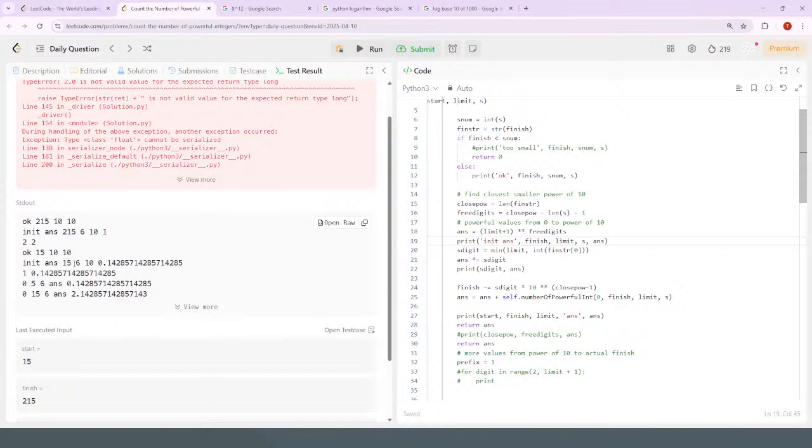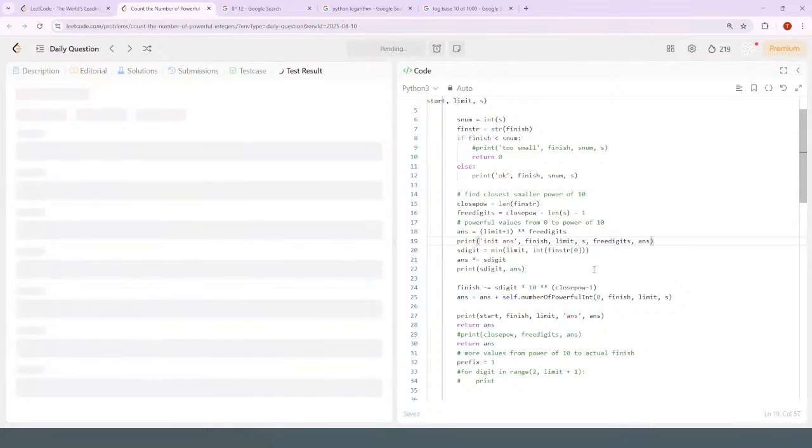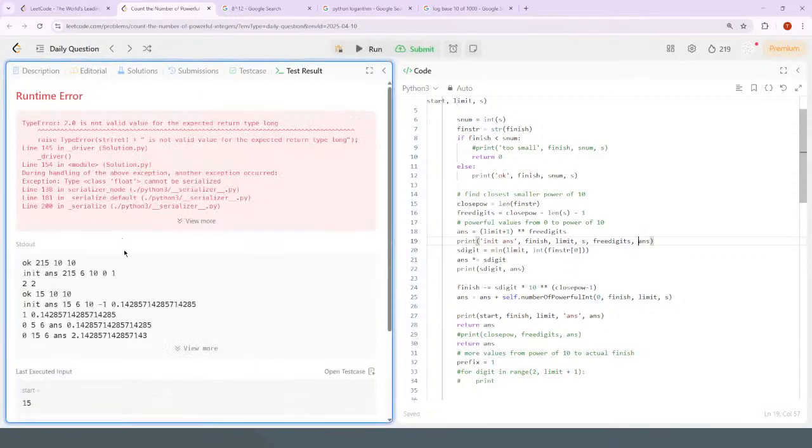Finish is 15, limit is 6, 10 is your S. At that point, you should have 0 free digits. So if the number of free digits is equal to 0, limit S, free digits. That should be 0 free digits, but it's -1 free digits.